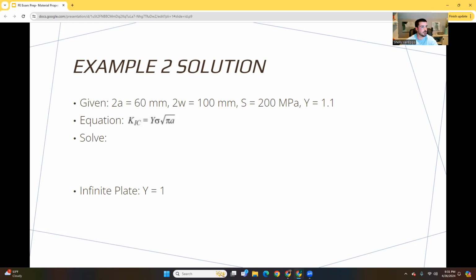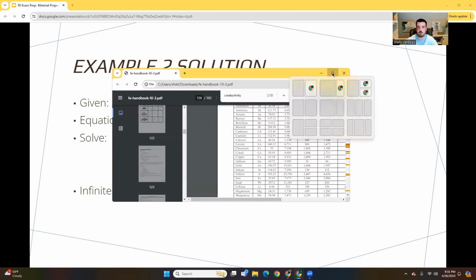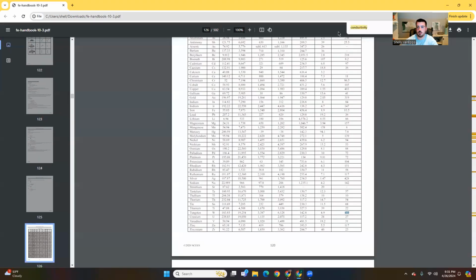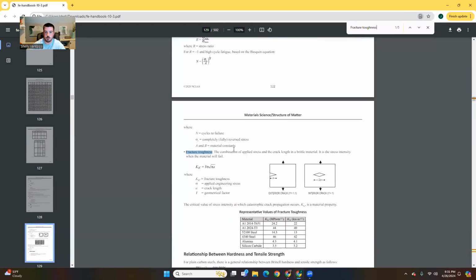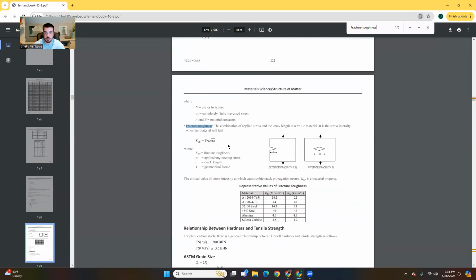So let's go into the FE cheat sheet one more time. And we need to search up fracture toughness. Right there it is.